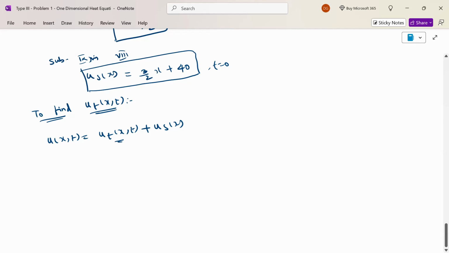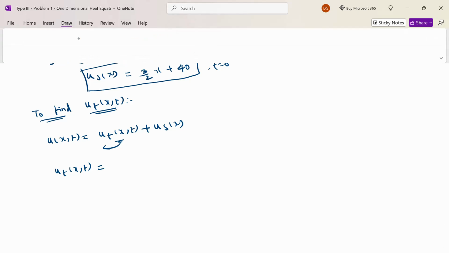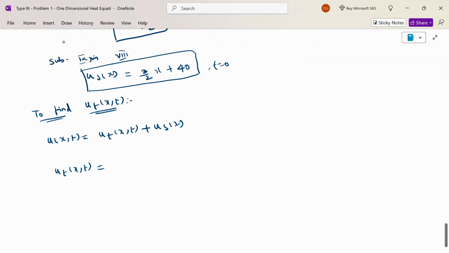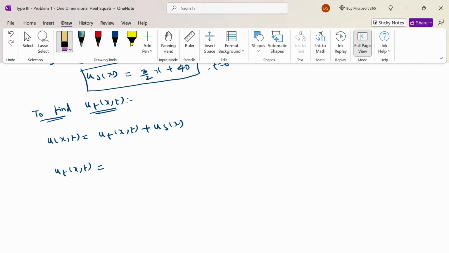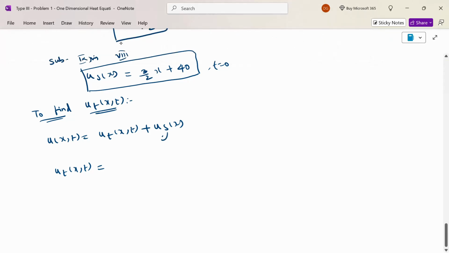Now this term, the steady state, we'll take to the left-hand side. So u_t of x comma t equals u of x comma t minus u_s of x.